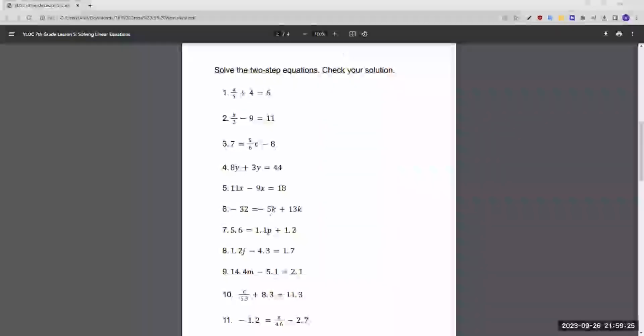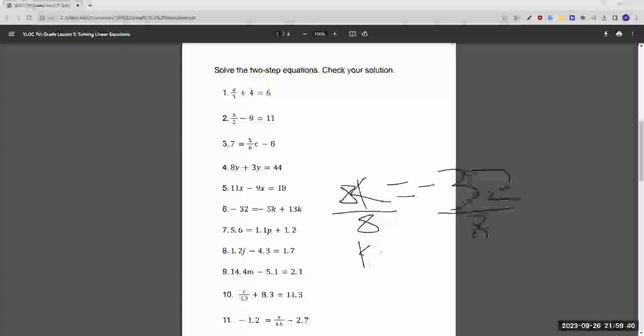Again, we can just combine the like terms. So it'd be negative 5k plus 13k is 8k equals negative 32. And we divide both sides to get rid of the 8. K equals negative 32 divided by 8, which is negative 4.